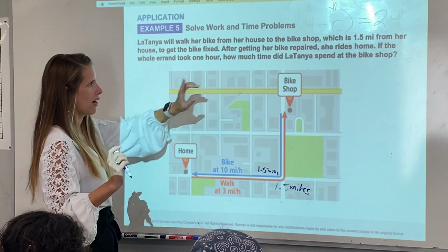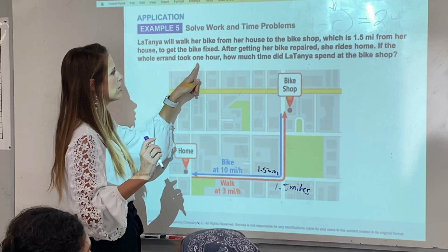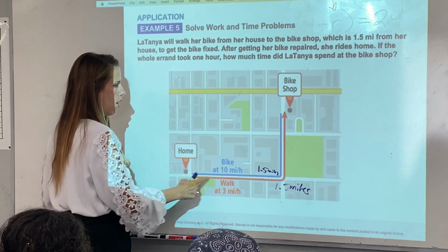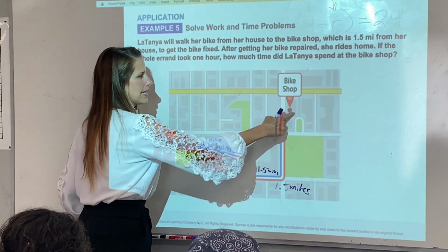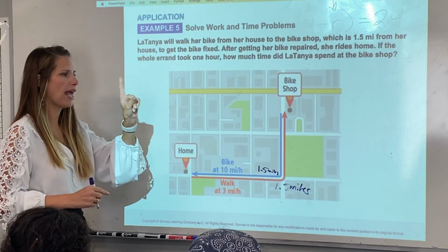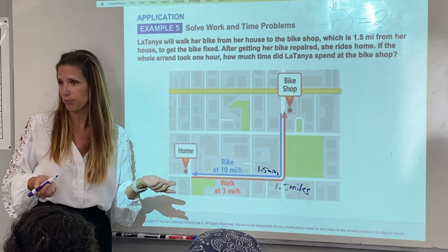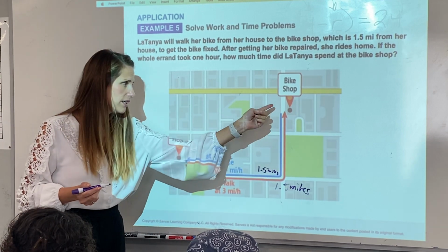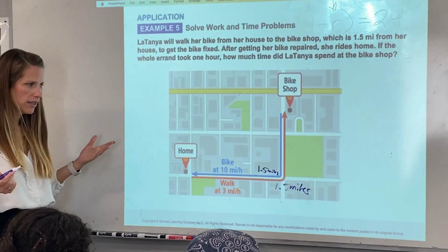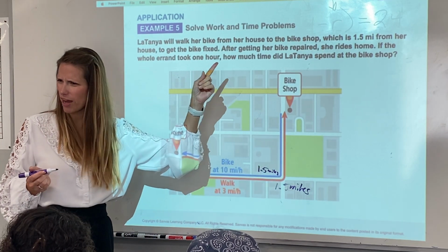to map things out. If the whole errand took 1 hour, so now we know that the time it took her to go all the way to here, get it fixed, then come home took 1 hour. First of all, that's pretty quick. To walk, get it fixed, and to ride home, only 1 hour? And she had to walk 1.5 miles?